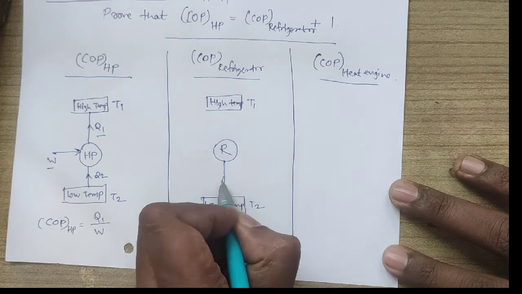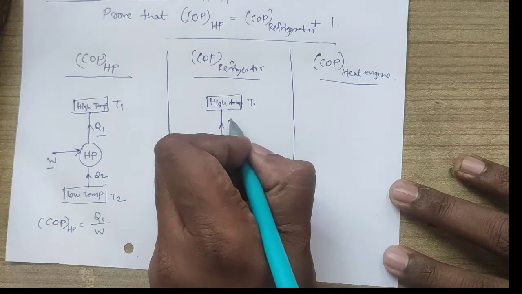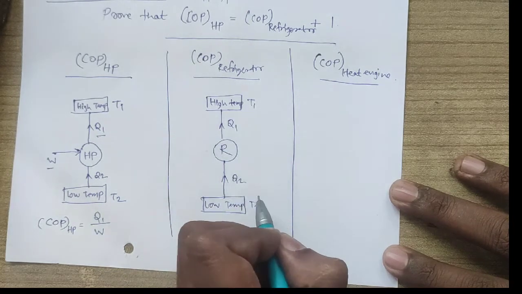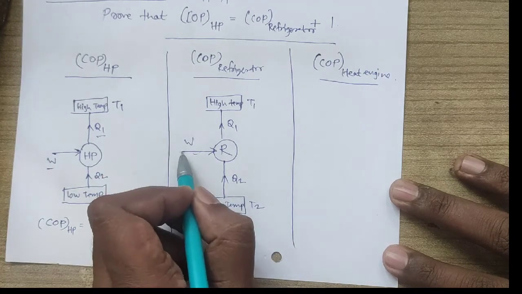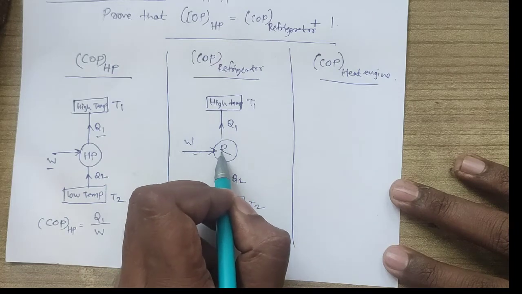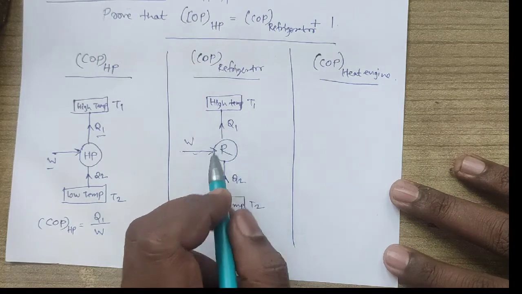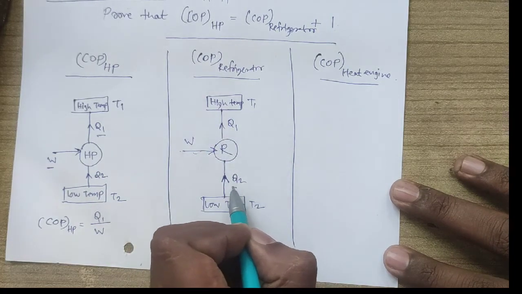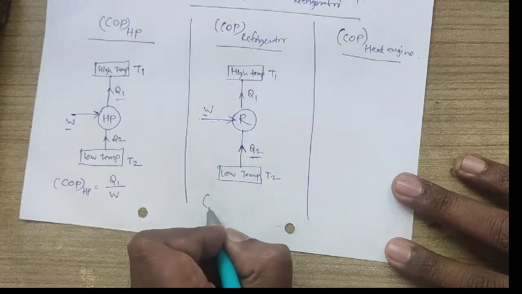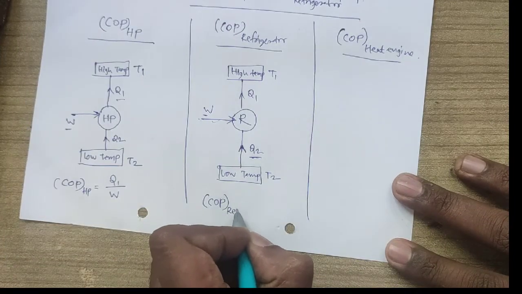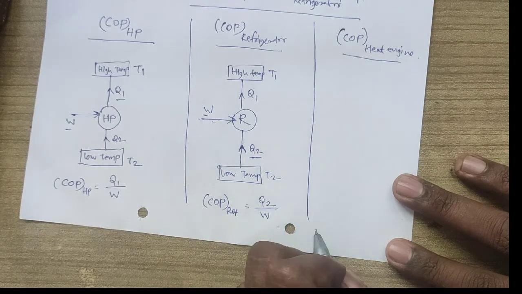Heat energy gets extracted from the lower temperature body and supplied to the high temperature body, but for this we require some external work. With the help of this external work, the refrigerator extracts the heat Q2 from the lower temperature reservoir. Here Q2 is the output and W is the input. Therefore COP of refrigerator is equal to Q2 upon W.